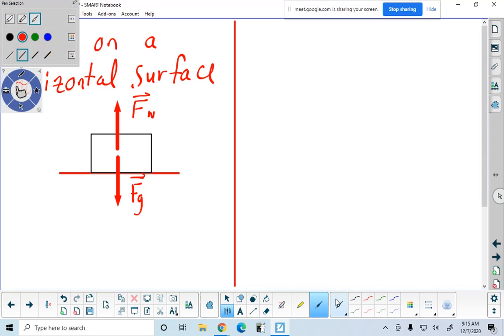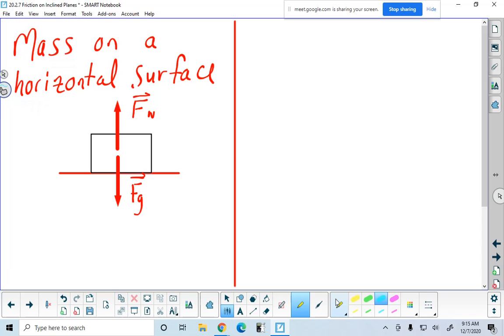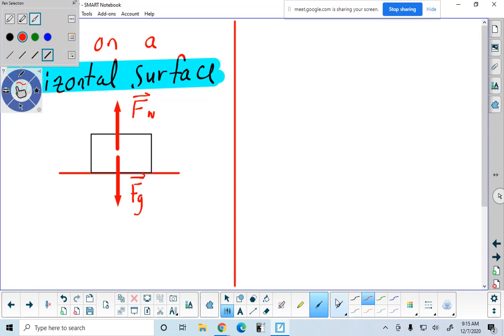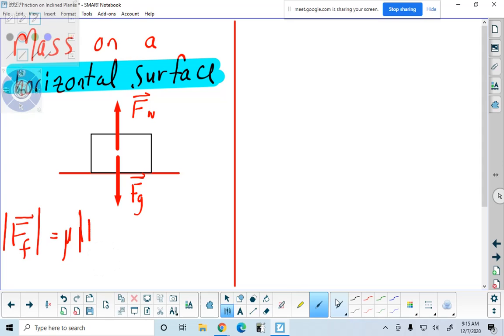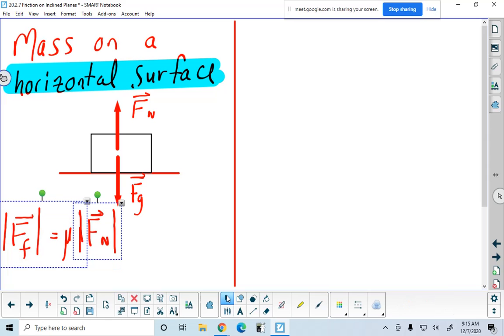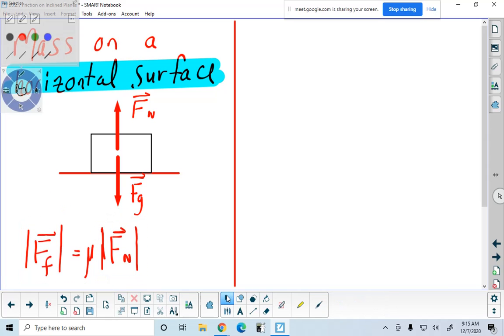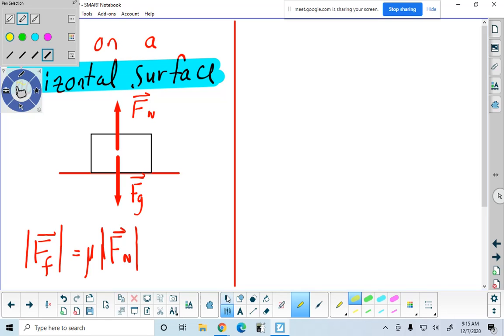And as long as the surface is horizontal, when we calculate the force due to friction using our formula, what we do for the normal force is we use the force due to gravity instead.